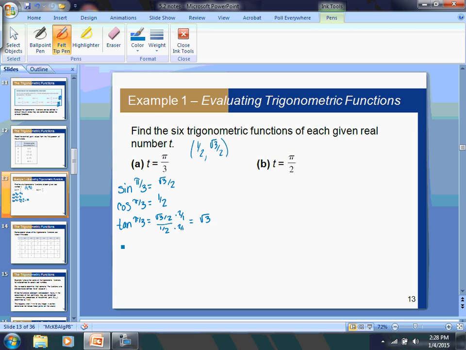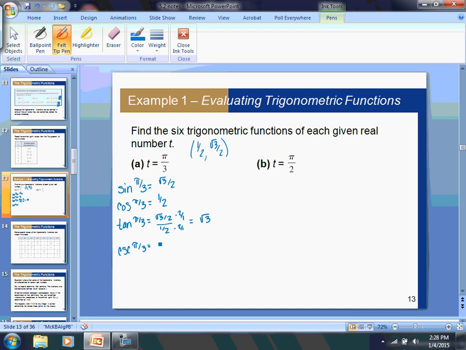All right, and then cosecant, remember that is basically 1 over sine, or it's going to be the inverse of this, or the reciprocal of this. So you could think of it a couple different ways.